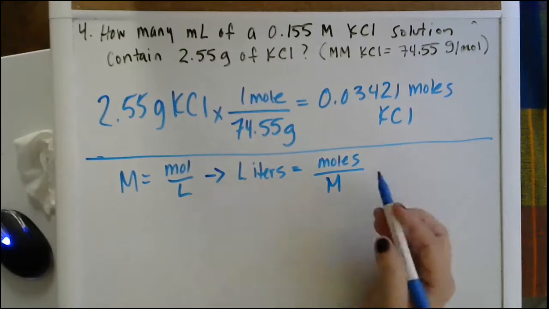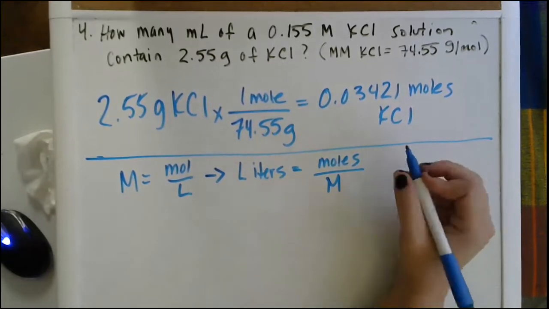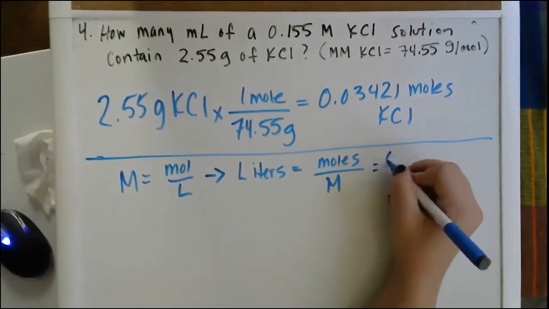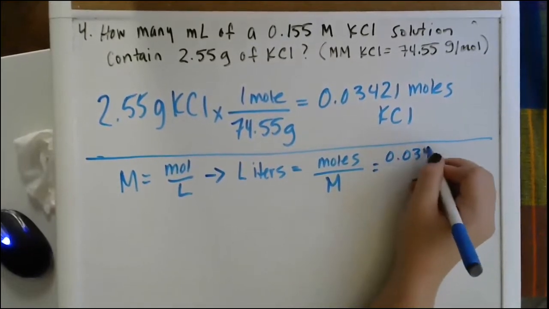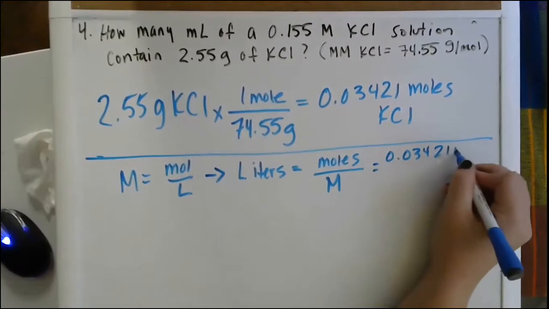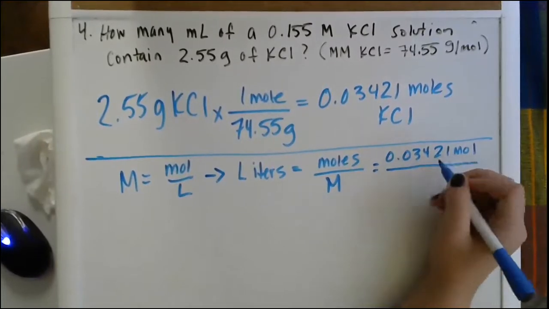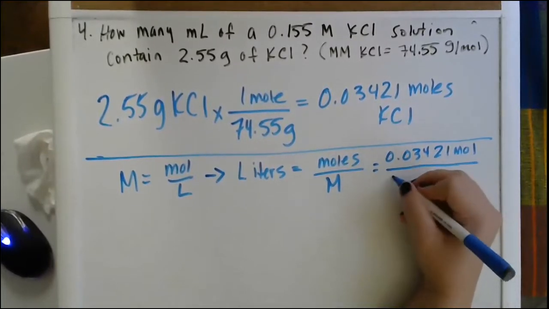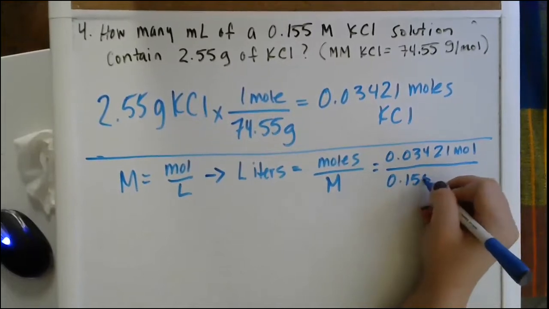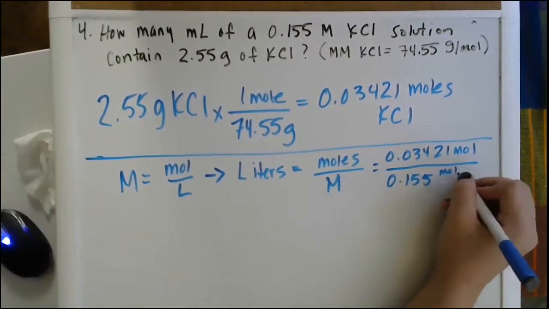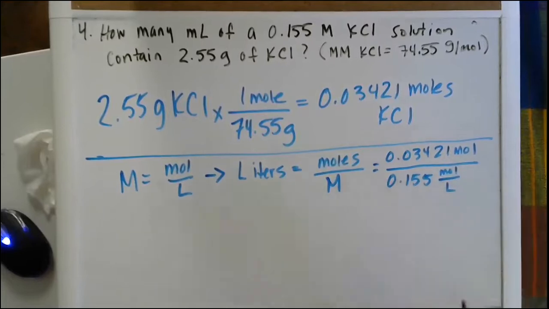So to find liters, we're going to take the moles and divide it by the molarity. And if you remember that molarity is equal to moles divided by liters, you can watch the units cancel each other out and you'll end up with the correct unit of liters at the end.